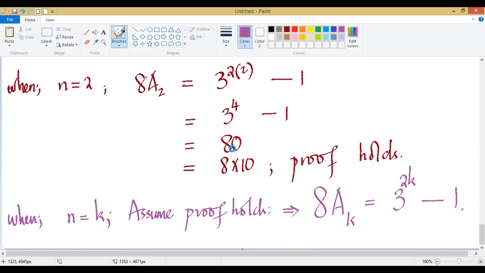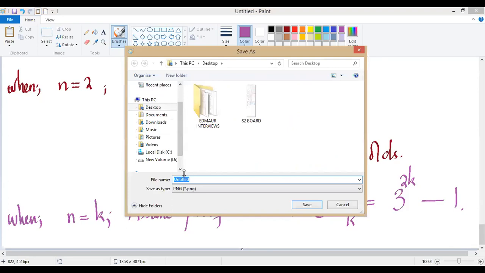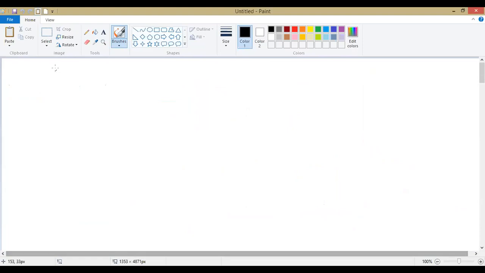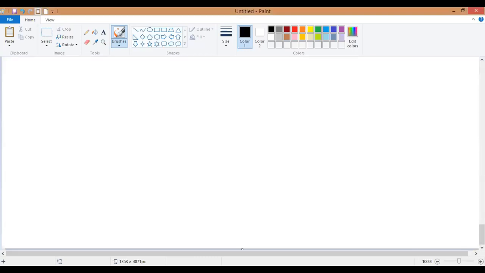So from there, we progress. As we progress, we are now going to suggest that when n is equal to k plus 1, what are we going to say?